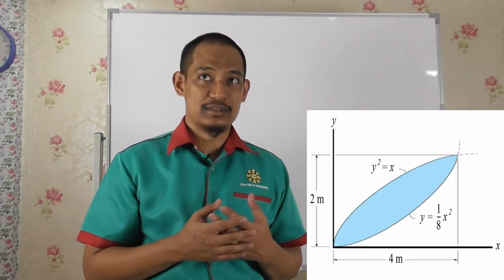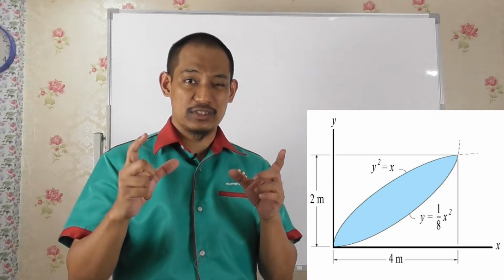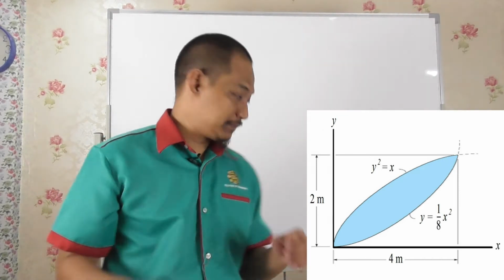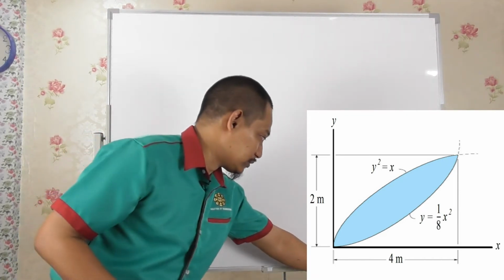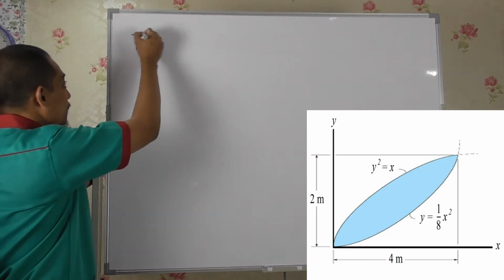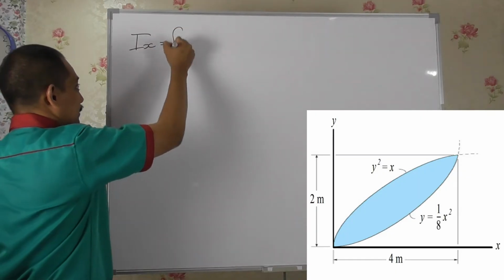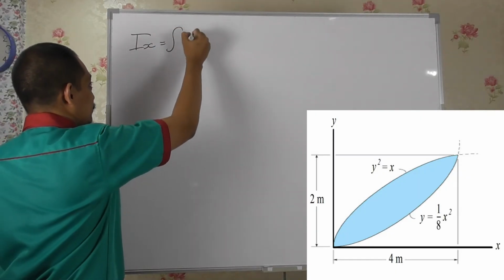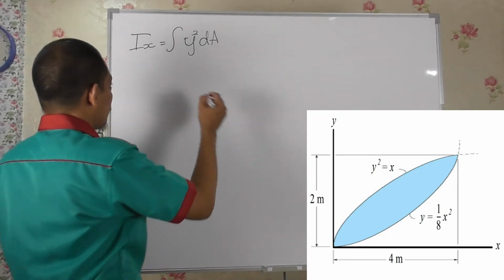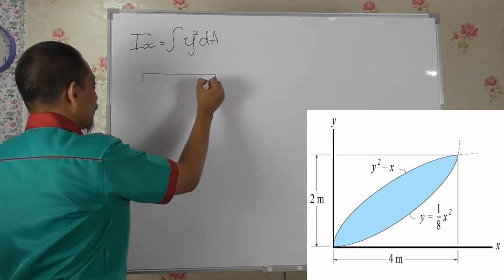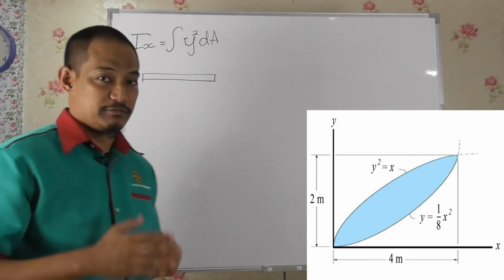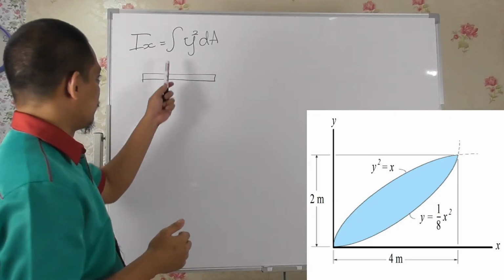Normally, the conventional or original equation, if you want to integrate for Ix, is the integral of y squared dA. This is valid for a horizontal element. If you want to use a vertical element, then you cannot use this equation.